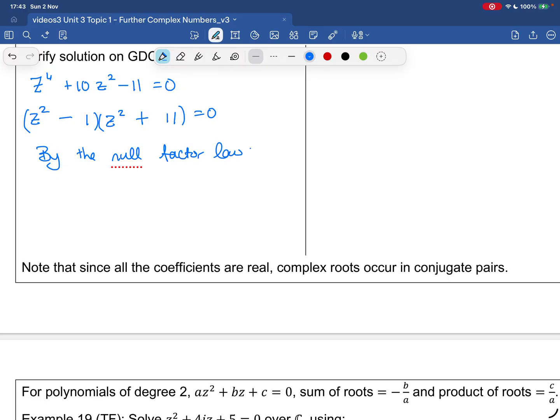And what I have here is z squared equals 1, or z squared is equal to negative 11. And when I take a square root, I have z is equal to plus or minus 1, or I have that z is equal to plus or minus the square root of negative 11.